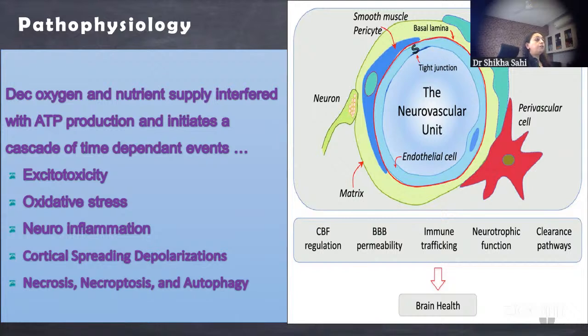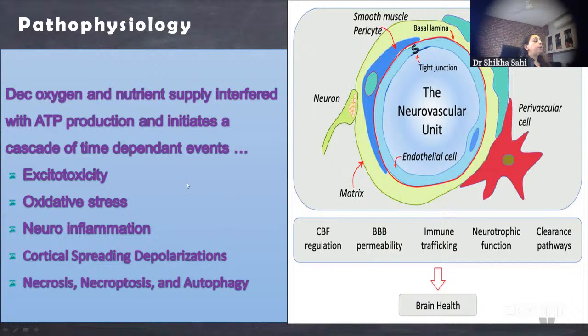All of them play a role in the molecular and cellular ischemic events, which ultimately lead to manifestations. They will affect the cerebral blood flow regulation, blood-brain barrier permeability, the inflow of the immune cells, the neurotrophic functions, and clearance pathways.